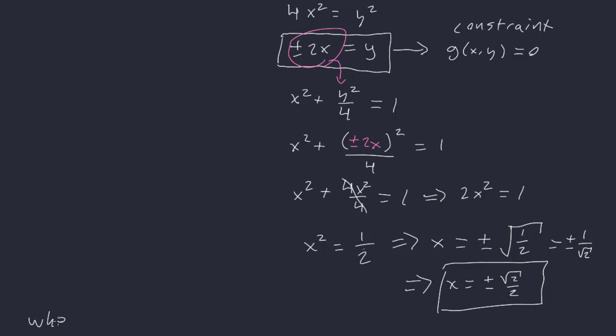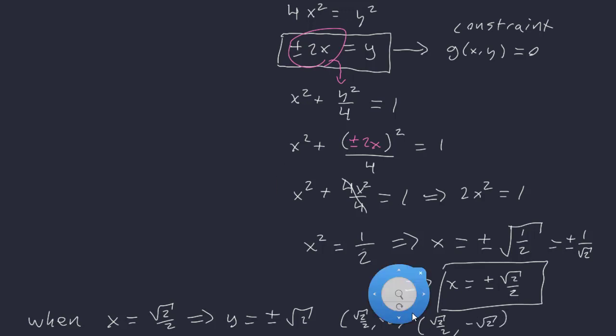So when x is positive root 2 over 2, y is plus or minus 2 times it, so root 2. Okay, so this gives us root 2 over 2, comma root 2, and root 2 over 2, comma negative root 2.